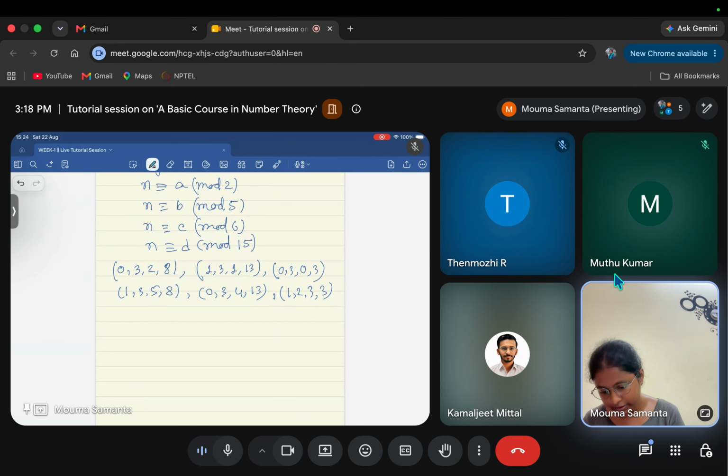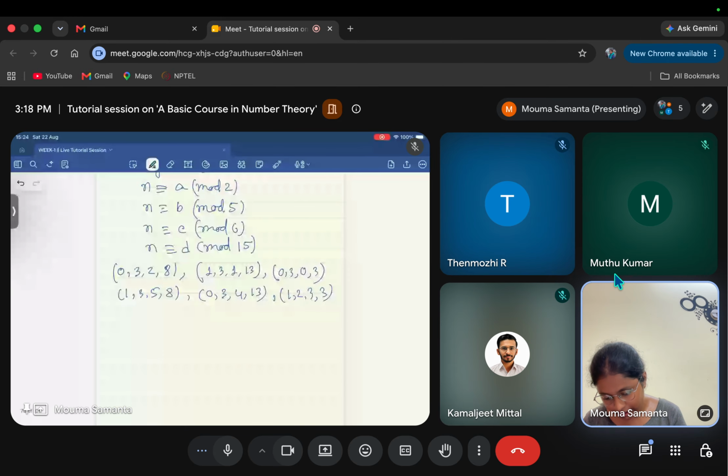Right, so let me write it here. n is congruent to a mod 2 and n is congruent to c mod 6.